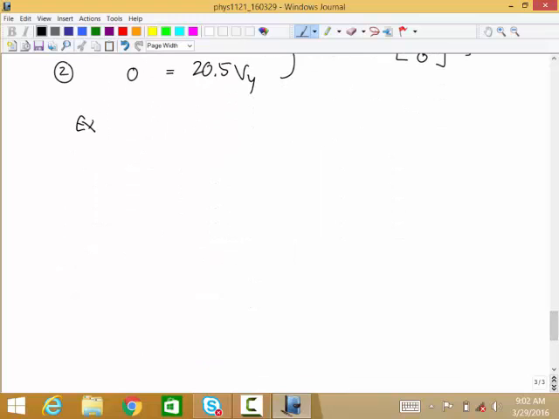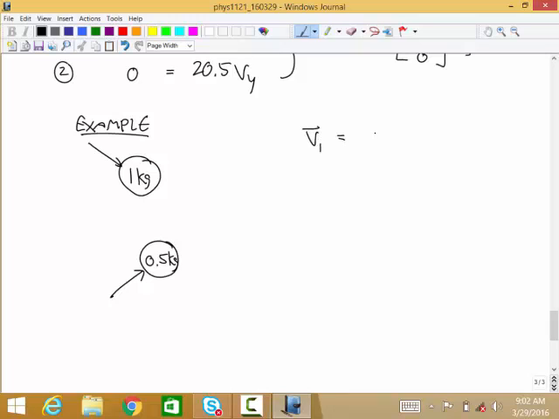Okay. You can also have them where they're not at rest before the collision. So if you have, let's say, your first object is 1 kilogram and it's going this way before the collision, and your other one is half a kilogram, and it's going this way before the collision.